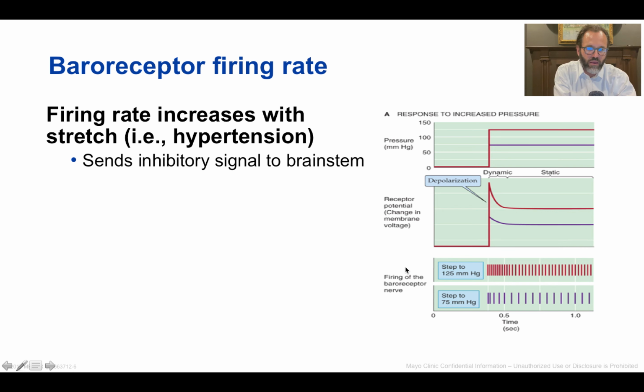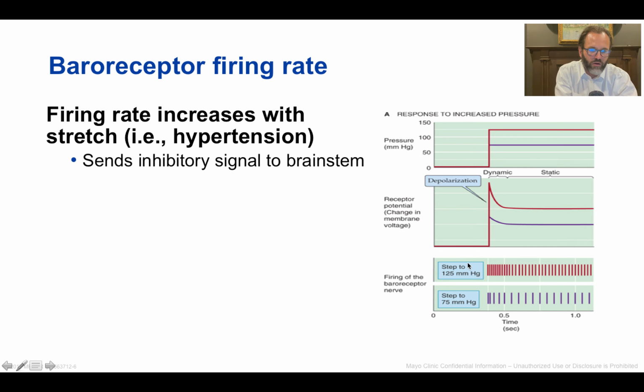And here we can just see the firing of the baroreceptor nerve. You can see that we've got these step changes to either 75 or 125 millimeters of mercury. You can see that you do have some dissipation or adaptation over time after this initial step change. So you have an increase in firing rate, and then it slows down.